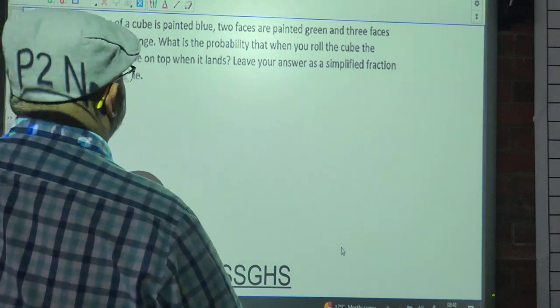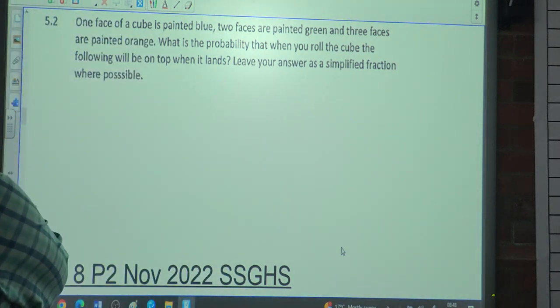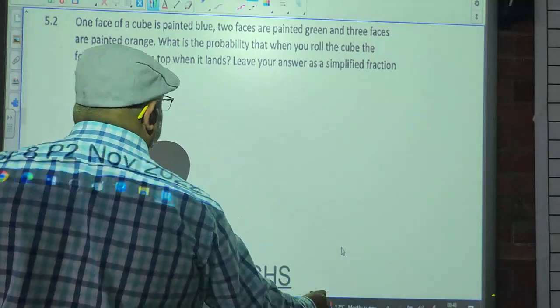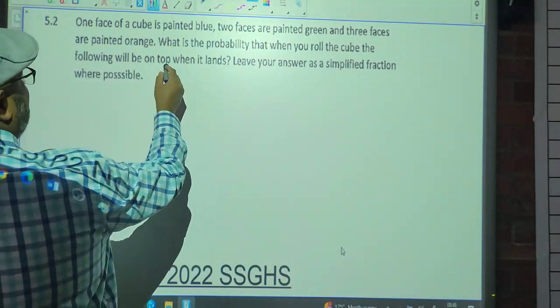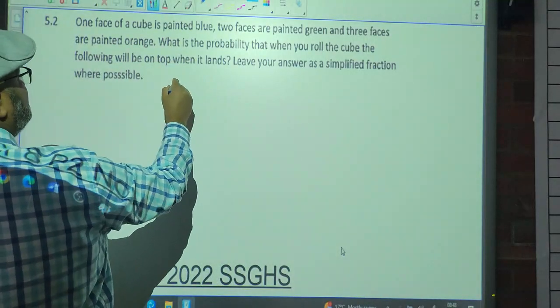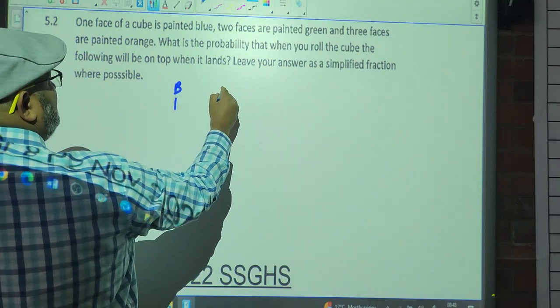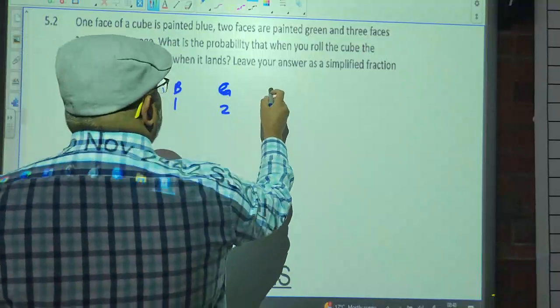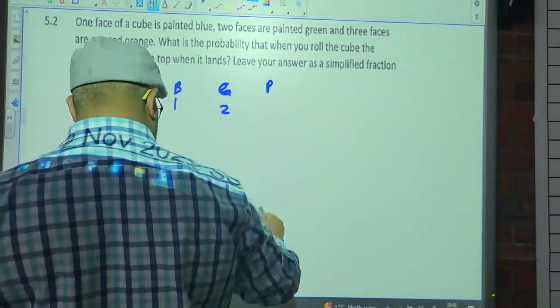One face of a cube is painted blue, 2 faces are painted green, and 3 faces are painted orange. How many sides are there in a cube? 6. All 6, no? One face is blue, 2 faces are painted green, and 3 faces are painted orange.